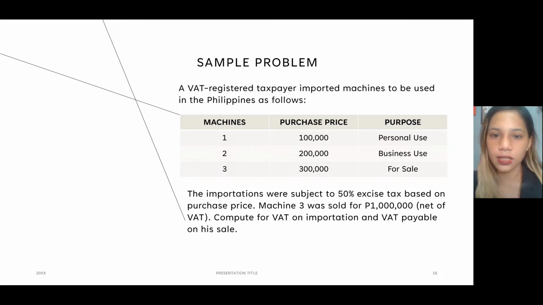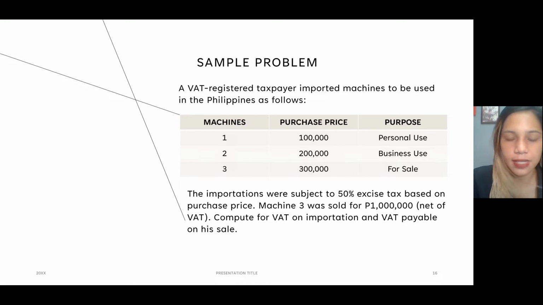Machine 1 is for personal use, machine 2 is for business use, and machine 3 is for sale. The importations were subject to 15% excise tax based on the purchase price. Machine 3 was sold for 1 million net of VAT. Compute for VAT on importation and VAT payable on sale.